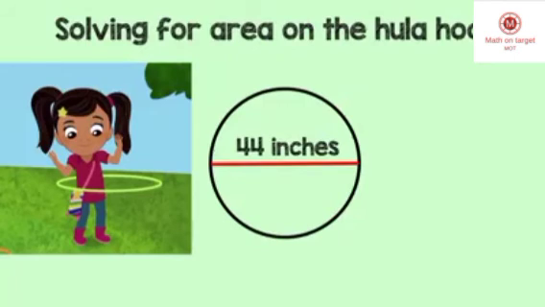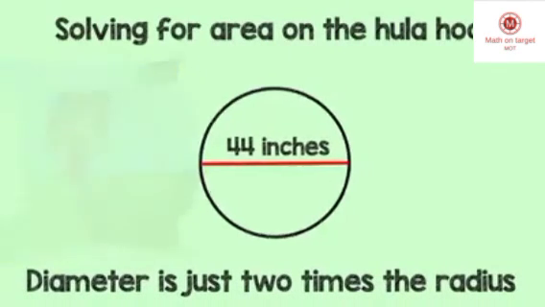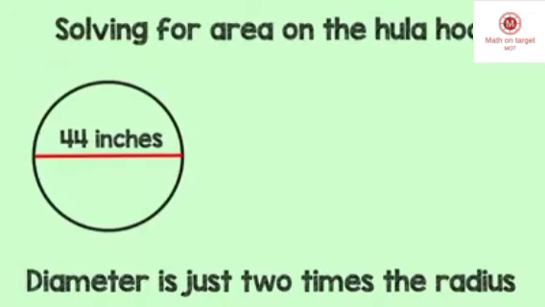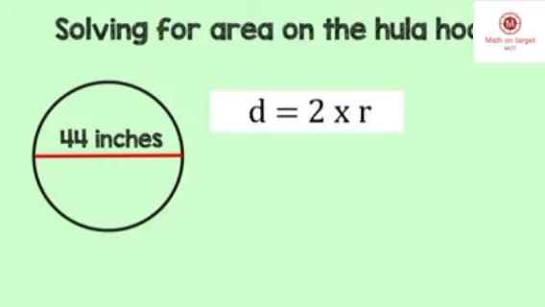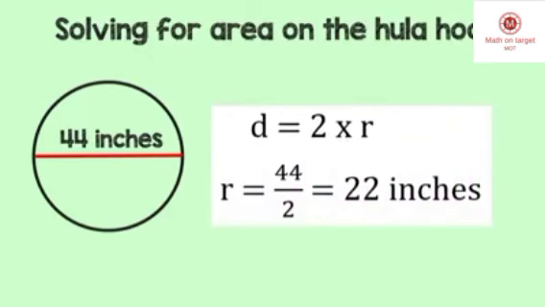Again, let's go back to the definition of the diameter. Diameter is just 2 times the radius. Therefore, to get the radius of the hula hoop, we need to divide the diameter by 2. So 44 divided by 2 is equal to, yes, 22. We now have a radius which is equal to 22 inches.